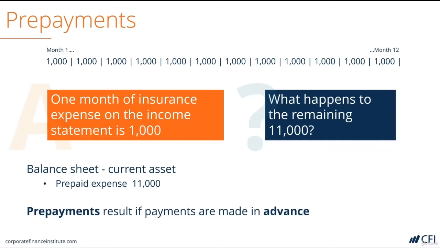So, to summarize, since the insurance policy was purchased with only 1 month left in the year, instead of recording an expense on the income statement of $12,000, an expense of only $1,000 is recorded, and the remaining $11,000 goes on to the balance sheet as a prepaid expense.